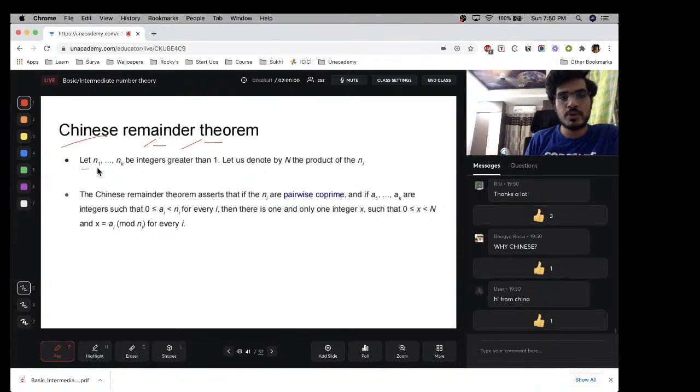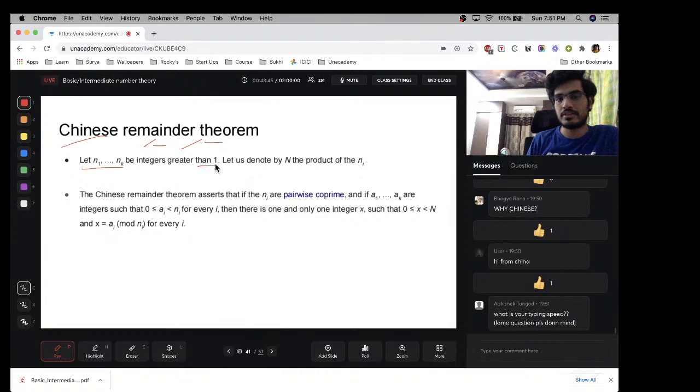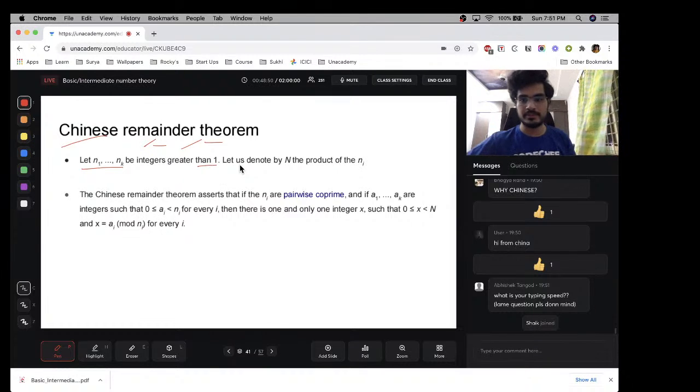Let n1 to nk be k integers greater than 1.